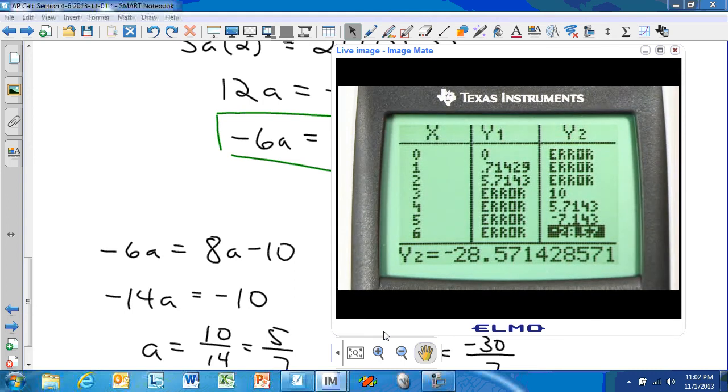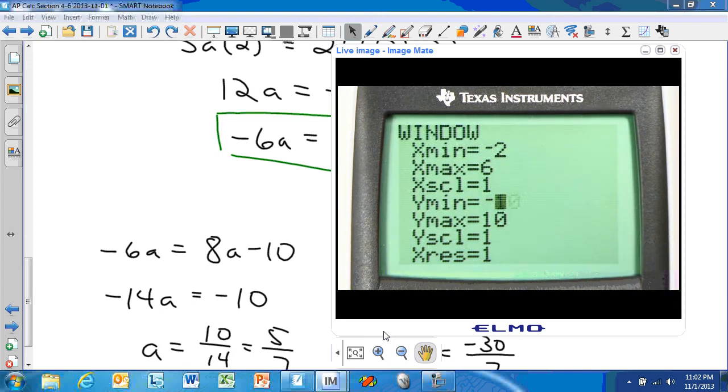I'm not going to worry about going that far down, but you can go further if you want to. I think it's got to be a little bit above 10 there, so I'm going to go from negative 6 to maybe 12. We'll see what happens with this graph.